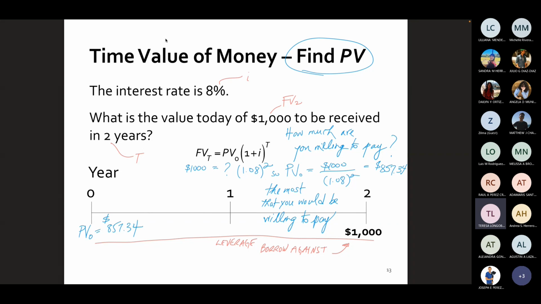The question is, how much can I borrow today? How much could I put in my pocket right now, knowing that I get $1,000 in 2 years?